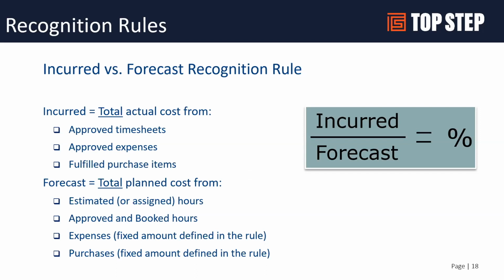So as you have purchases coming through, POs, fulfillment, you can use that as part of the calculation as well. So this rule will ultimately create a percent based on the factors you determine you're using, and it will then act similarly to the regular percent complete rule.